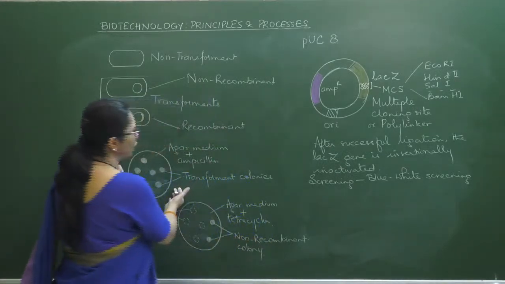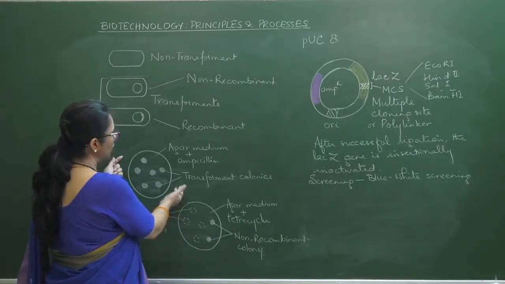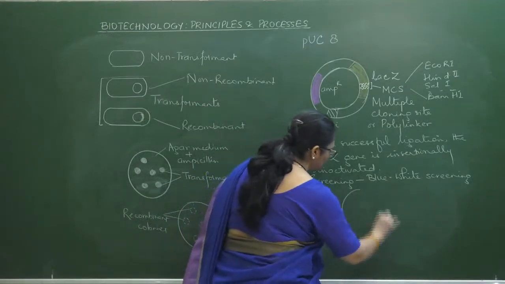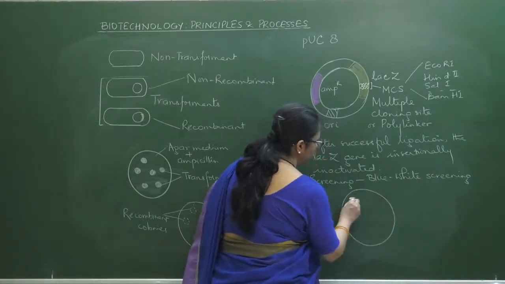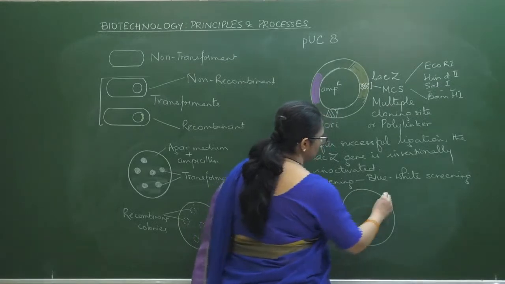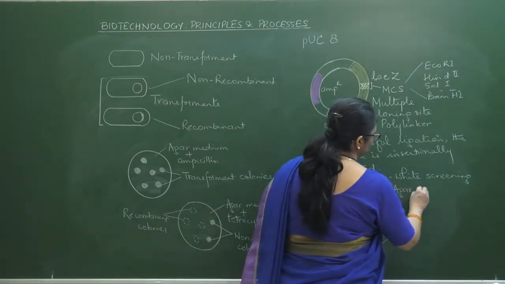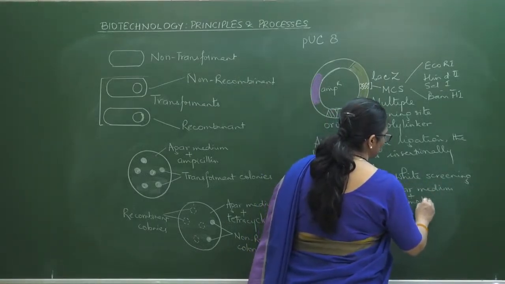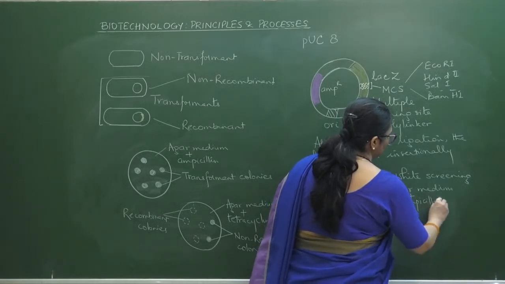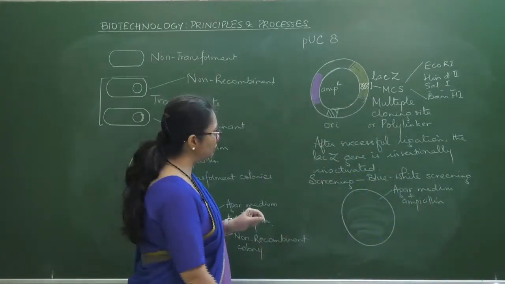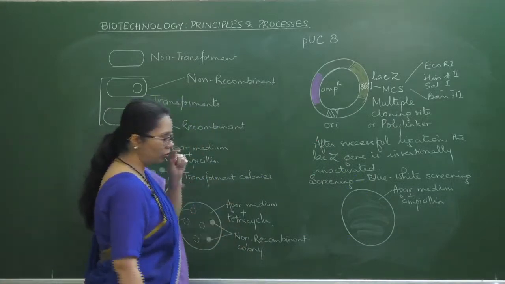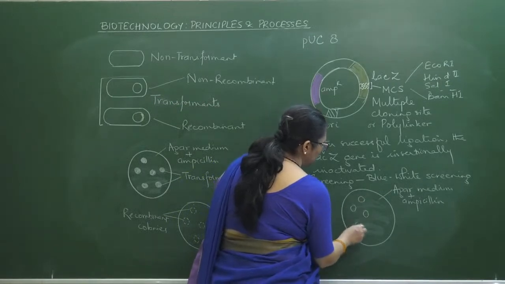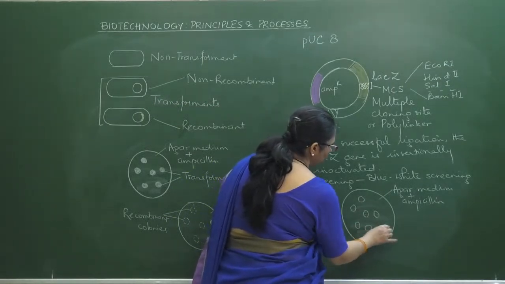Once again we take a plate, prepare it with agar medium and ampicillin. Okay. So here we have the plate, and on this plate we have agar medium plus ampicillin. So now you know what will grow on this medium: only the transformant colonies will grow. Okay.